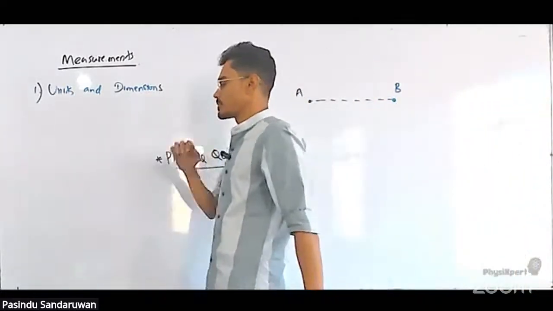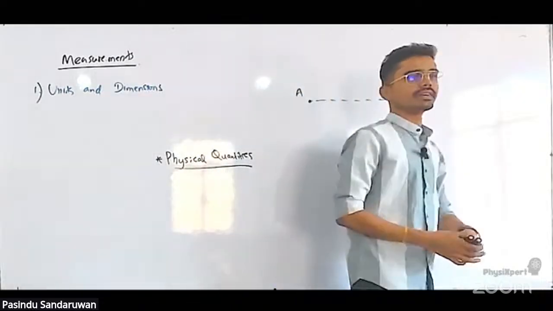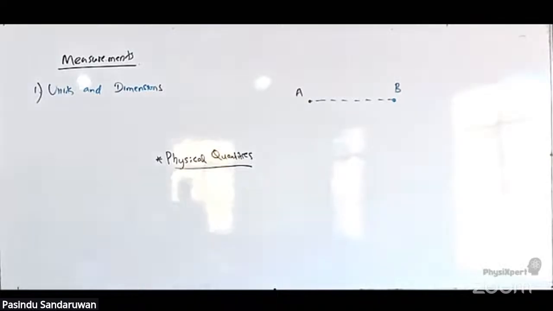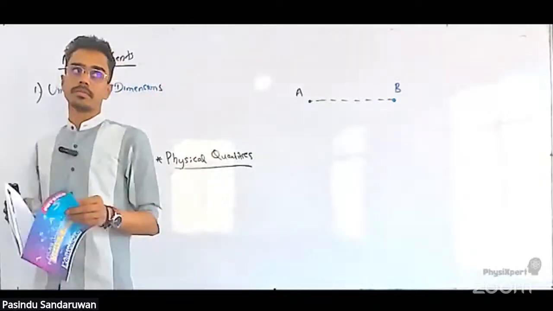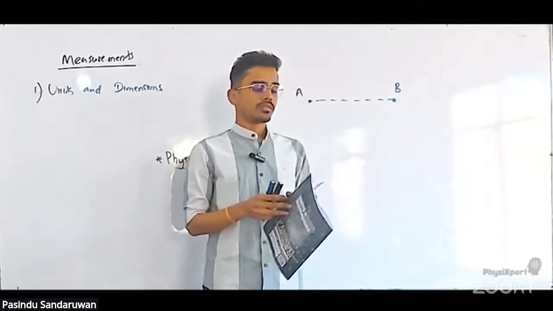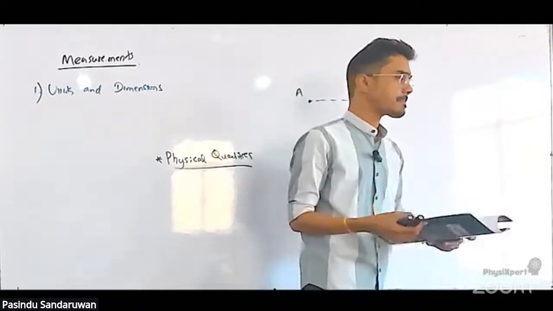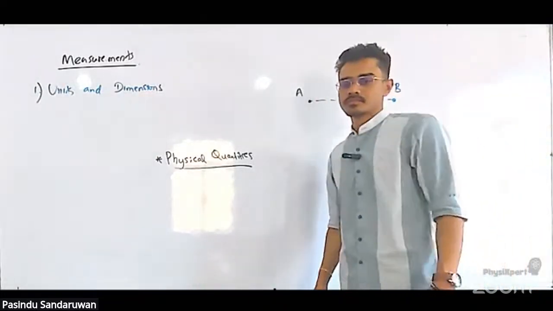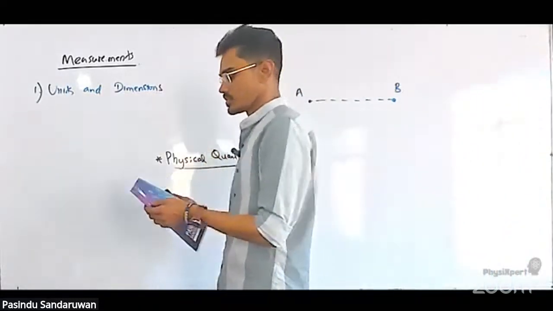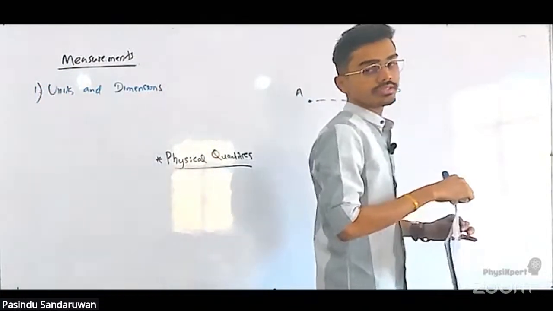Okay, write down: a measurable property slash feature of a behavior or phenomena, with the magnitude.